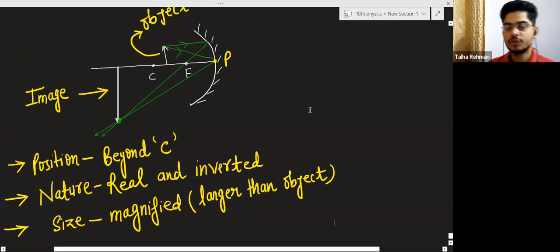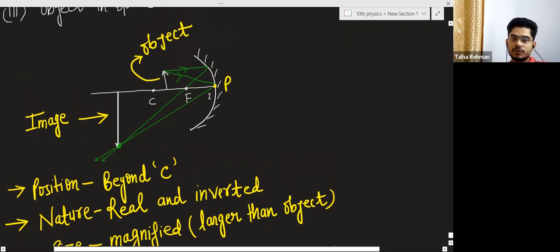You have to learn how to draw the diagram of image formation. You should take two rays. For one ray, first incident on the concave mirror from the object, it should be parallel to the principal axis.